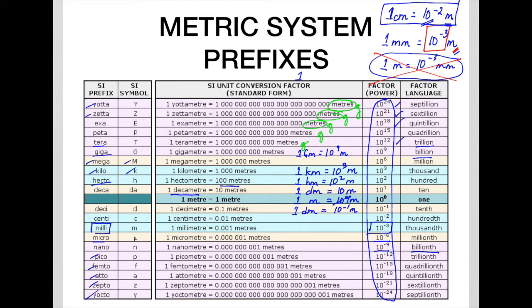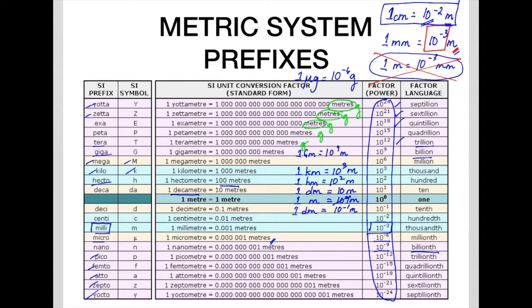So we have here 1 microgram, that is equivalent to 10 raised to, what is micro? Micro is 10 raised to negative 6. So we have 10 raised to negative 6 grams.